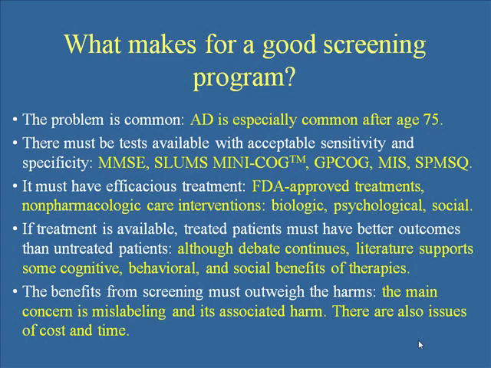And then lastly, the benefits from screening must outweigh the harms. Here I think the main concern, at least in both my practice and in the literature, is one of mislabeling. Classifying people who do not have dementia as demented or vice versa, and the consequences of that kind of mislabeling. I think there are also legitimate issues about cost and time.